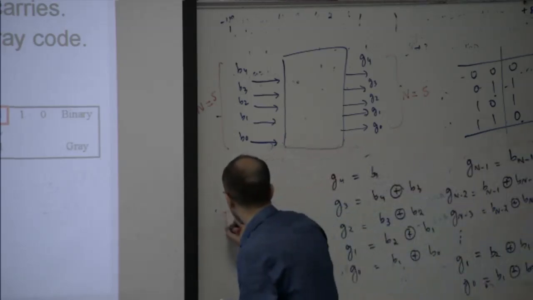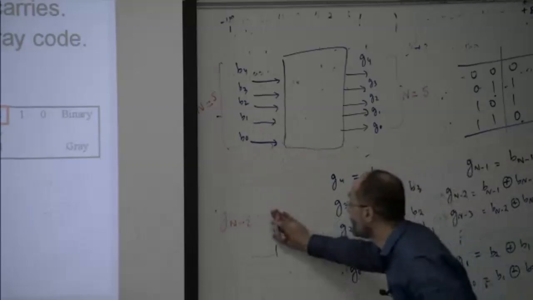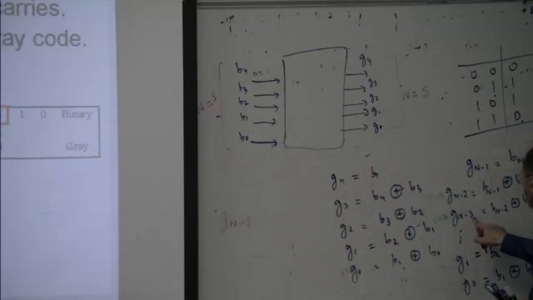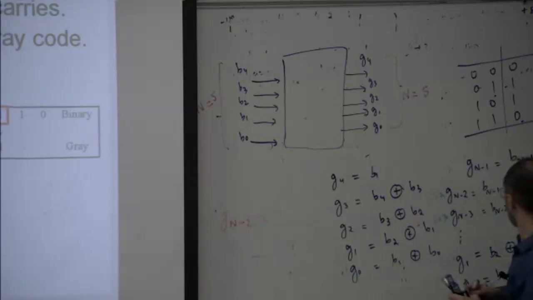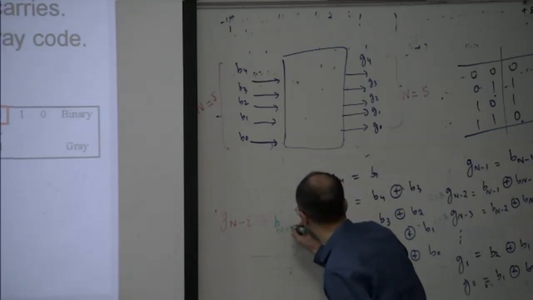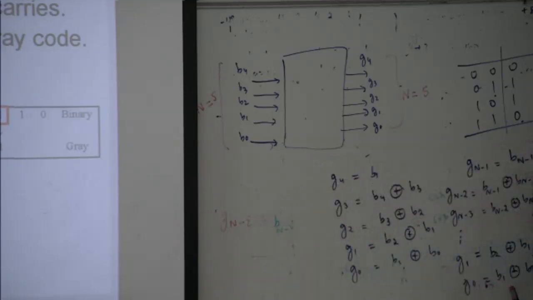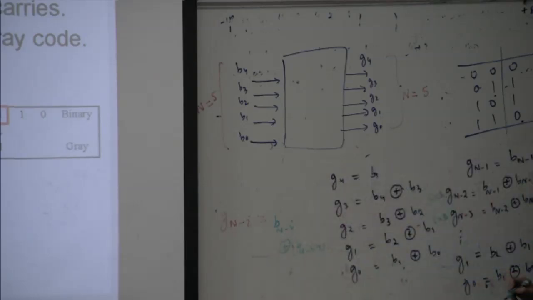G(n-i) is equal to B(n-i) exclusive OR B(n-i+1).